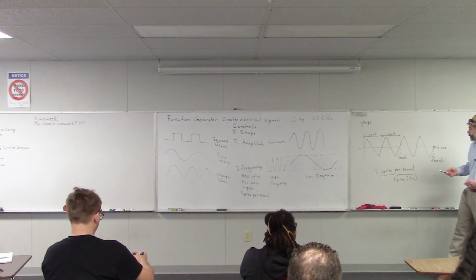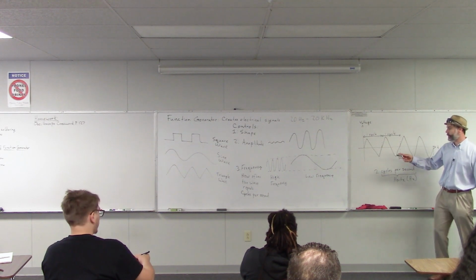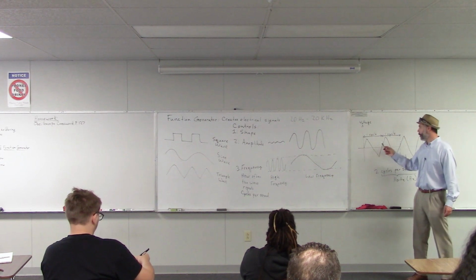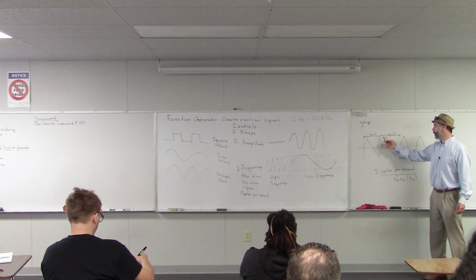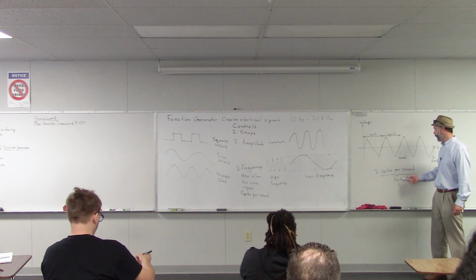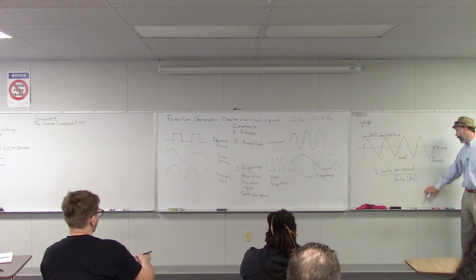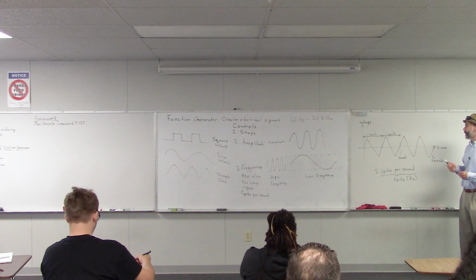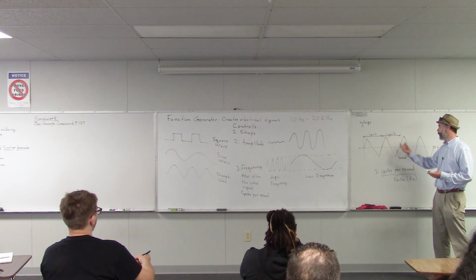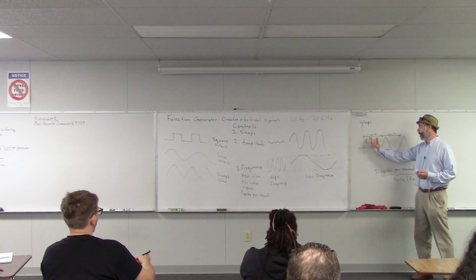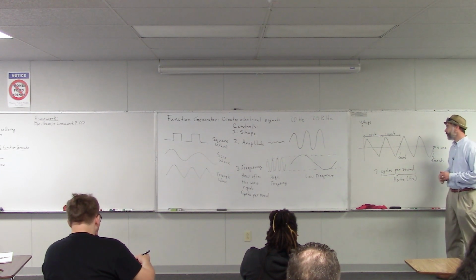Okay, so let me just get back to frequency for a minute here. We said that the number of cycles that you have in every second gives you the frequency. You can also tell that there's a relationship between the length of the cycle and the frequency.